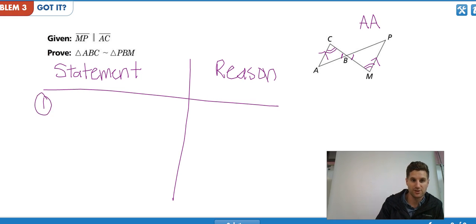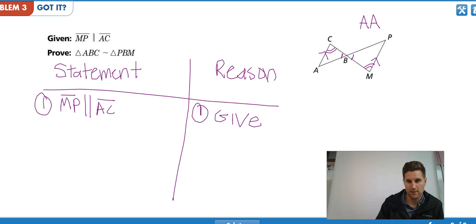Statement 1, let's always do our given. MP is parallel to AC, and the reason? This one's easy, given. Okay, statement 2.